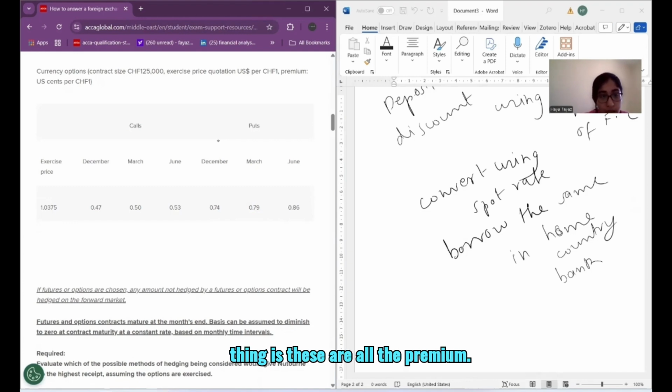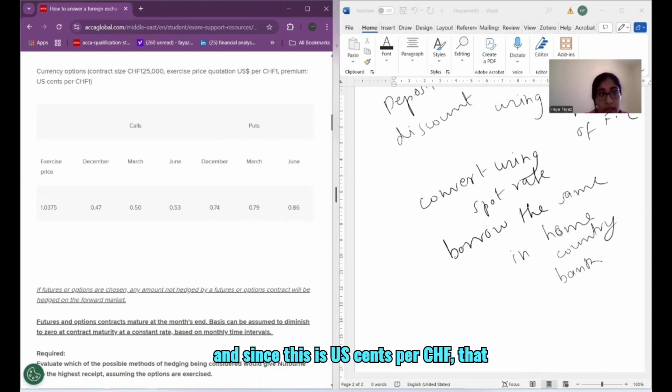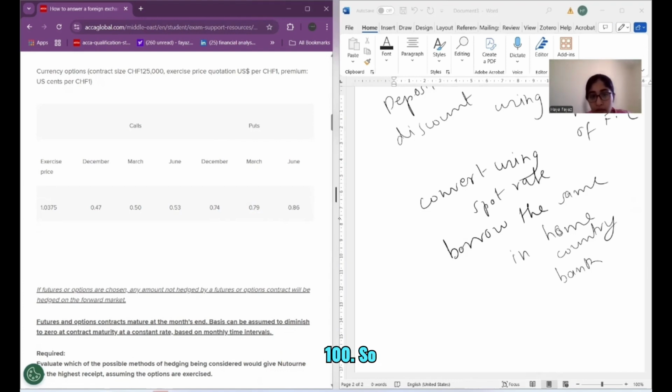But these are all the premiums, and since this is US cents per CHF, you will have to divide these by 100. If I take June puts, it will be 0.0086. And if I take June calls, it will be 0.0053 respectively. So this is about the premium thing.